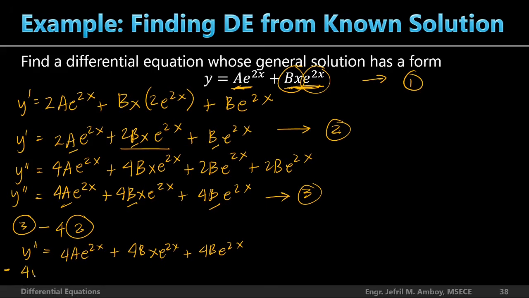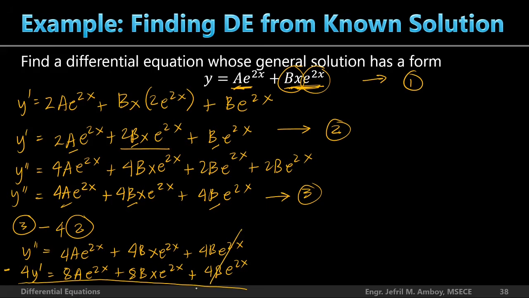So we will have 4 y prime equals, multiply this by 4, so I will have 8a e raised to 2x, multiply this by 4, I have 8bx e raised to 2x, and then I will have 4 times b e to the 2x is 4b e raised to 2x. Okay, so if I subtract these two, itong term na ito magka-cancel yan.